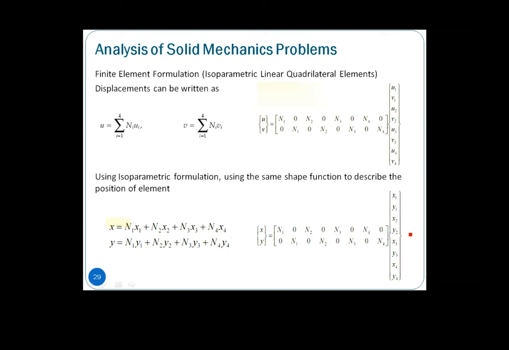So a linear quadrilateral element has a total of 4 nodes. So you have U1 V1, U2 V2, U3 V3, and U4 V4. Similarly, we have X1 Y1, X2 Y2, X3 Y3, and X4 Y4. So that refers to 4 nodes, 4 shape functions, N1, N2, N3, N4.